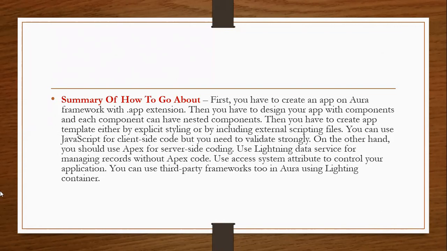You can use JavaScript for the client-side code, but you need to validate strongly. On the other hand, you should use Apex for the server-side coding. Use Lightning Data Service for managing records without Apex code. Use the access system attribute to control your application. You can use third-party frameworks too in Aura using the Lightning context.